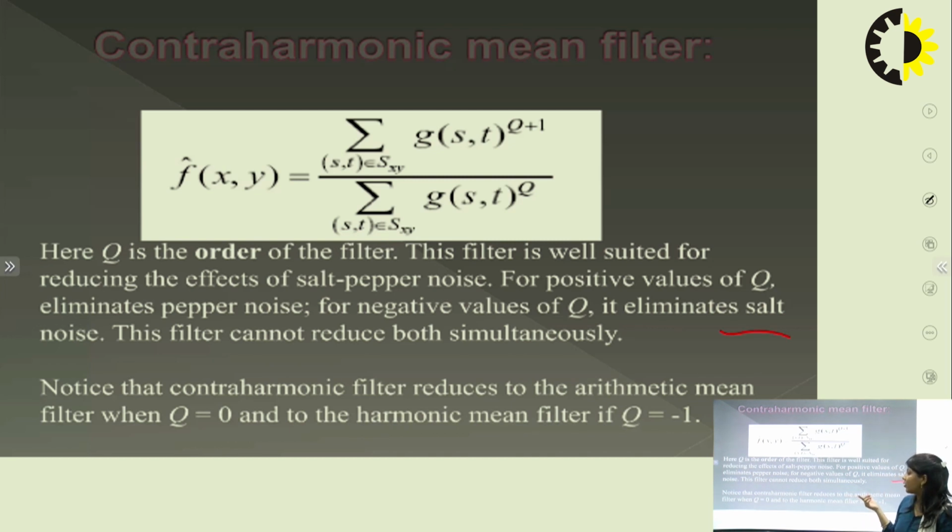This filter cannot reduce both simultaneously; we take either a positive or a negative value of Q. The contra harmonic mean filter reduces to the arithmetic mean filter when Q equals 0, and to the harmonic mean filter when Q equals -1.